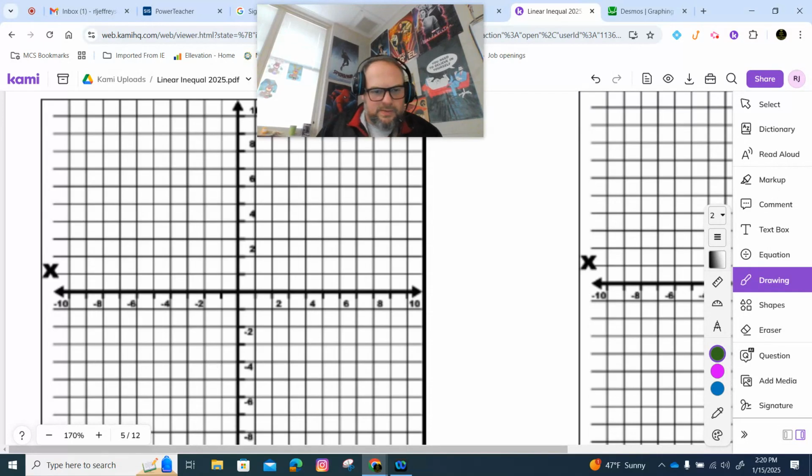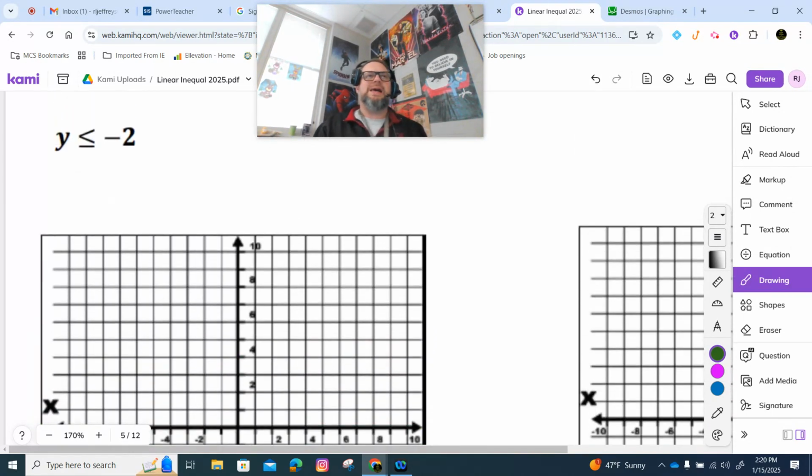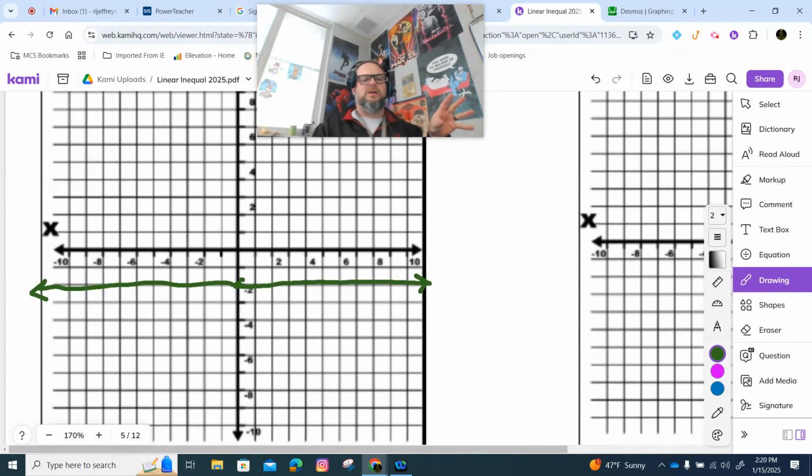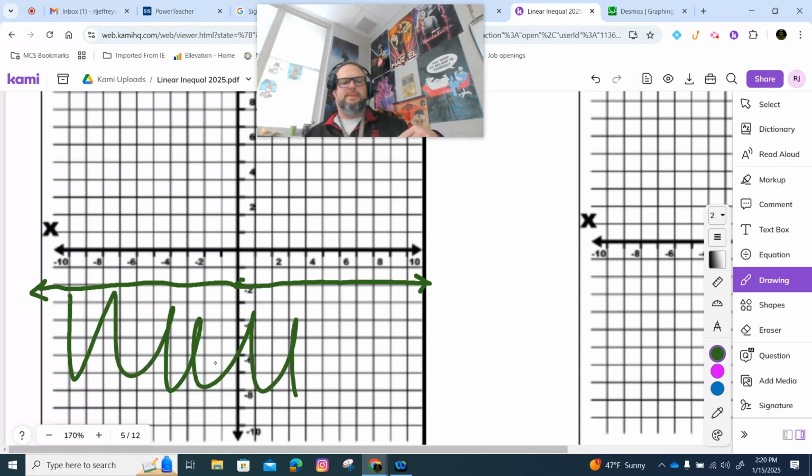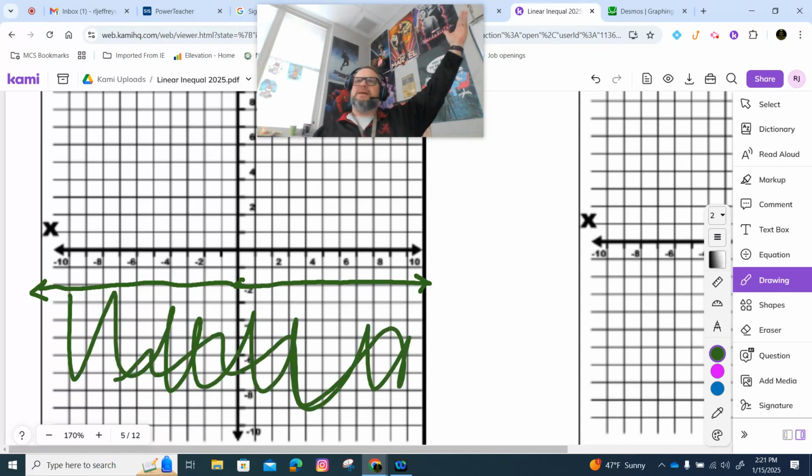Solid. So all the way across. And it says y is less than. So where are all the numbers less than negative 2? Up or down? Down. And we're going to shade down because that also goes with the notes at the very beginning of this.